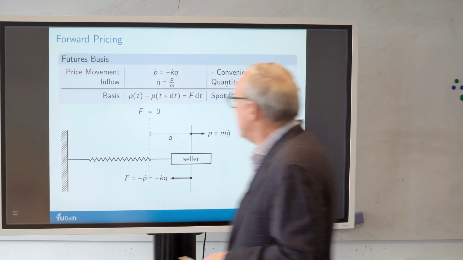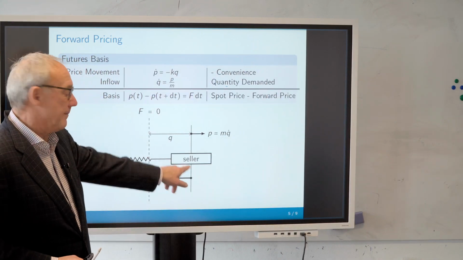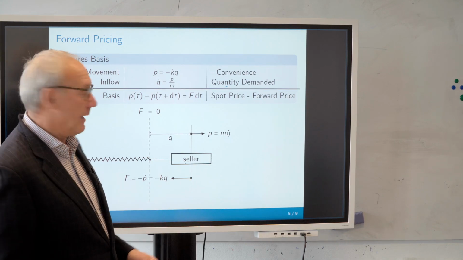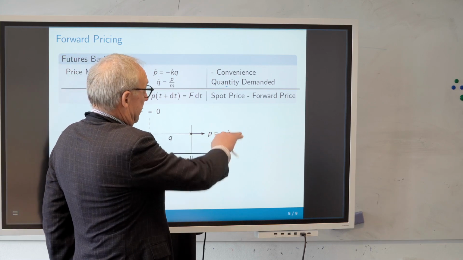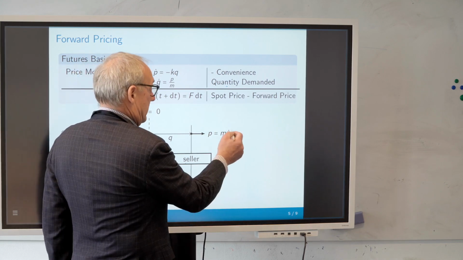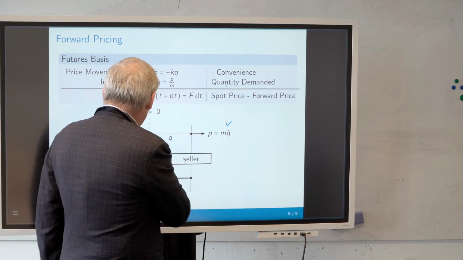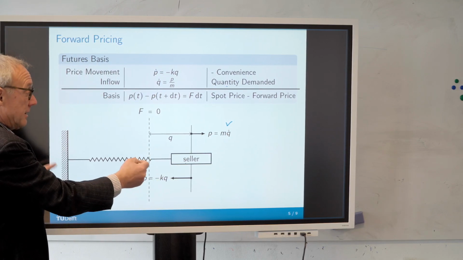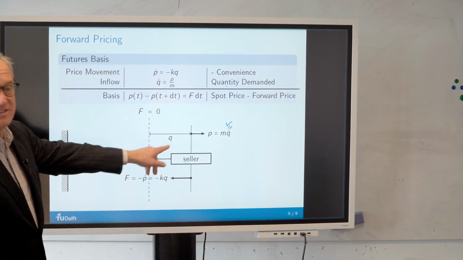So here I have the same figure, but now instead of that point, I added a mass. So I added demand here. And it has a positive price, so it must be a seller, because it corresponds with a positive quantity demanded. But as it is connected to this spring, to the storage, this quantity demanded is now equal to the change in the stock.